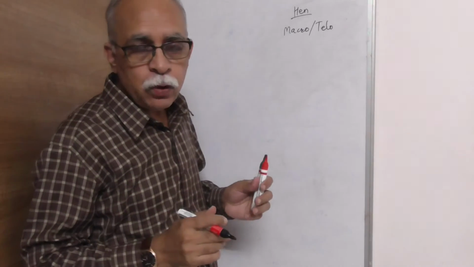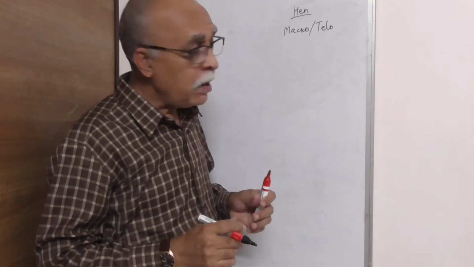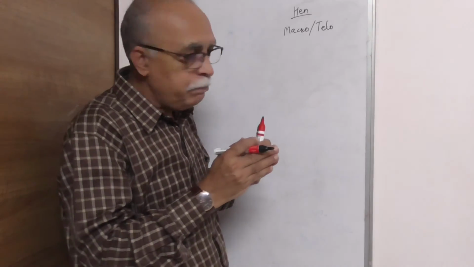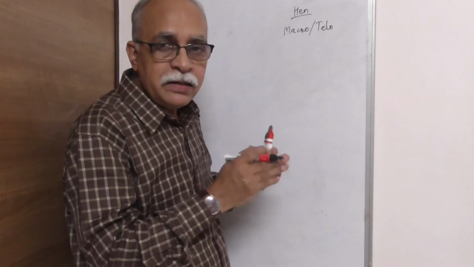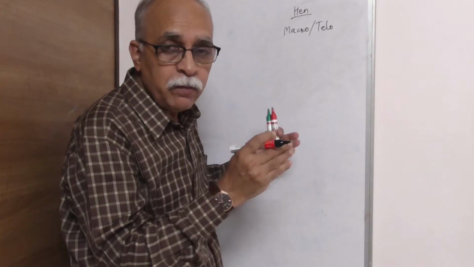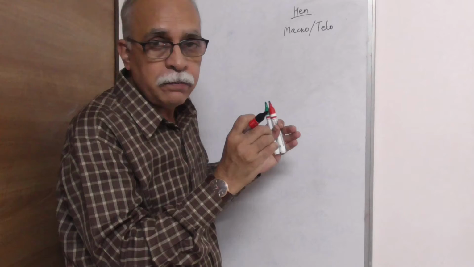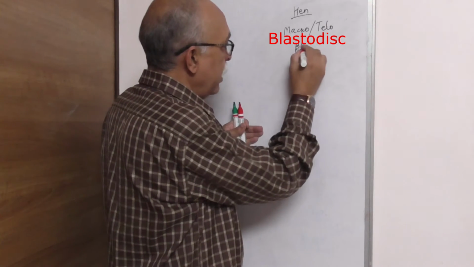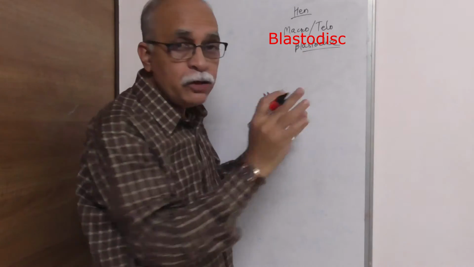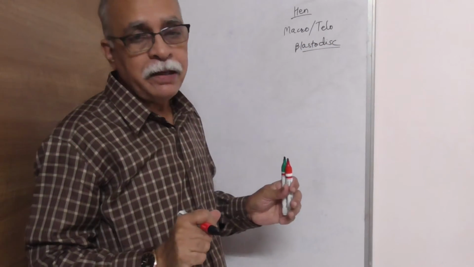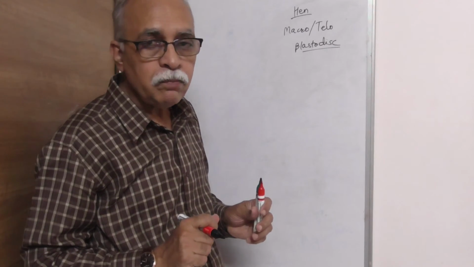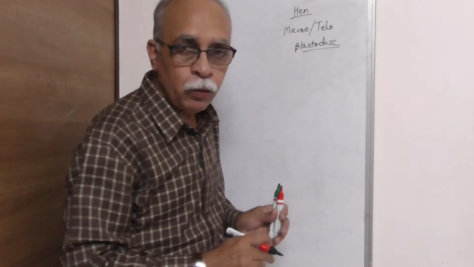Huge amount of yolk will be contained in the cell, and so the animal pole, the part of the cell that contains cytoplasm and nucleus, is only on one side of the egg cell. It forms almost a small disc, which is then called as a blastodisc. This is the only region which will contain cytoplasm and the nucleus. So blastodisc will be clearly distinguishable. That is actually the animal pole.